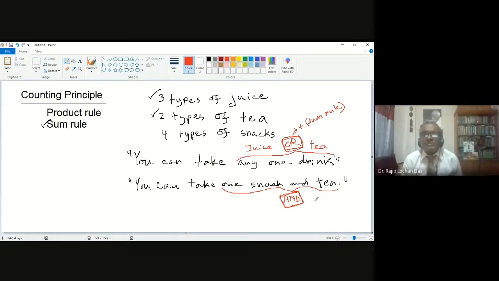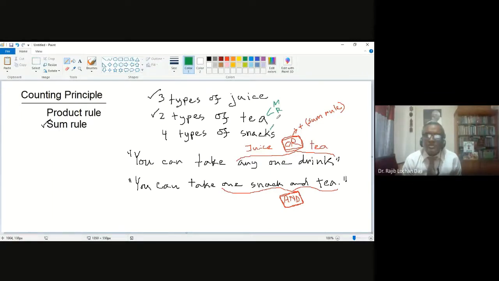So, let me explain. Let me think that there are two types of teas. One is milk tea, another is raw tea. And there are four types of snacks.